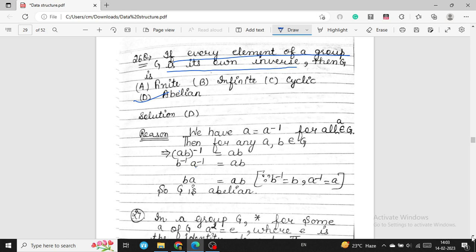BA is equal to AB, because B inverse equals B and A inverse equals A. According to the abelian rule, we can say that this is abelian, because BA is equal to AB, both are the same.